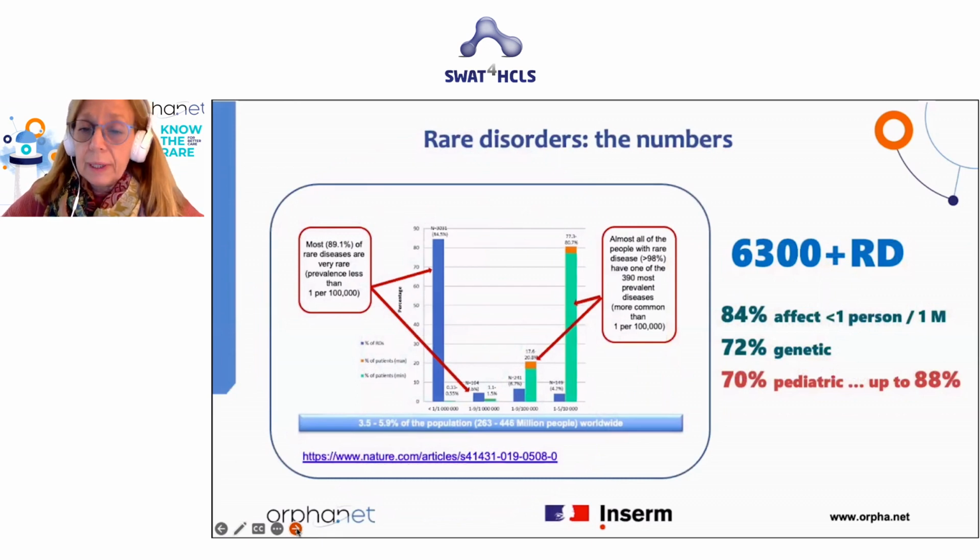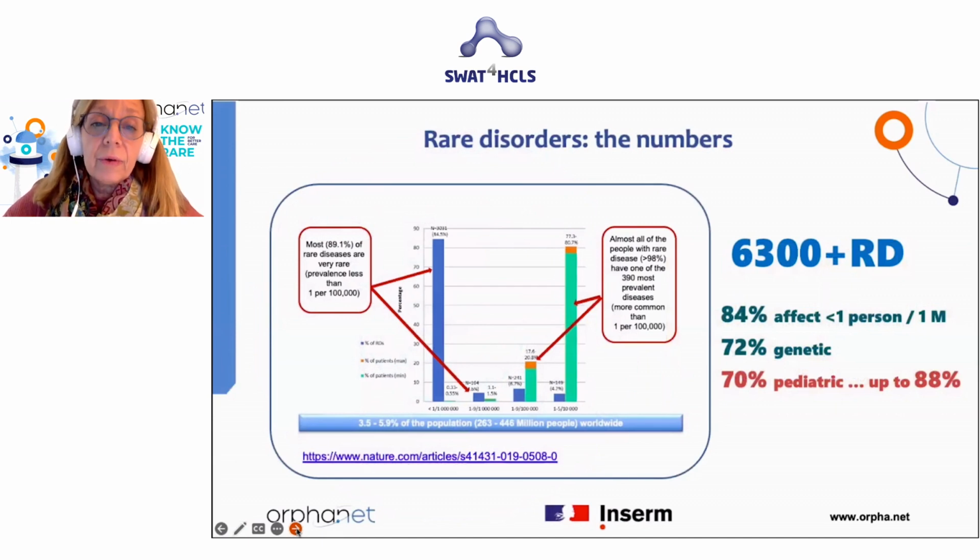We arrive at the conclusion that it is a moving number, 6,000 and something. And then we can start describing what these diseases are.